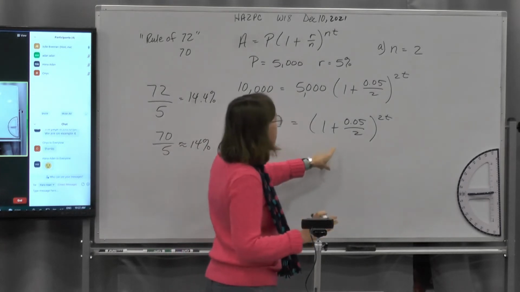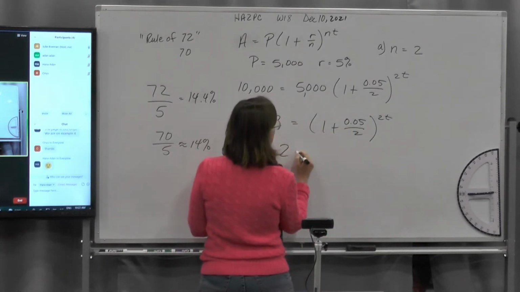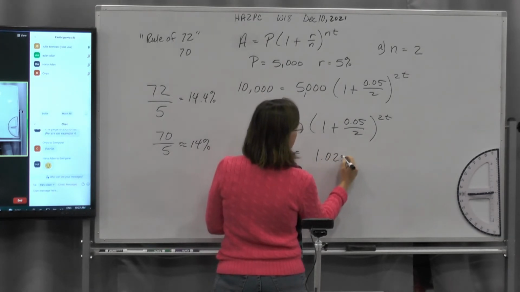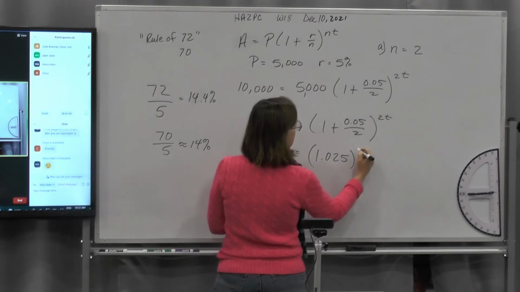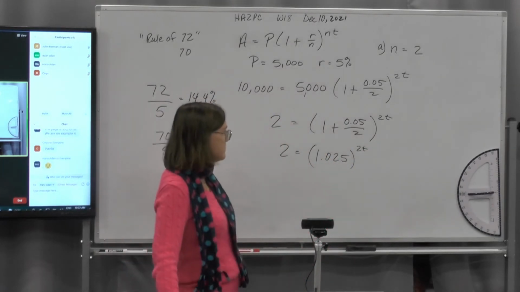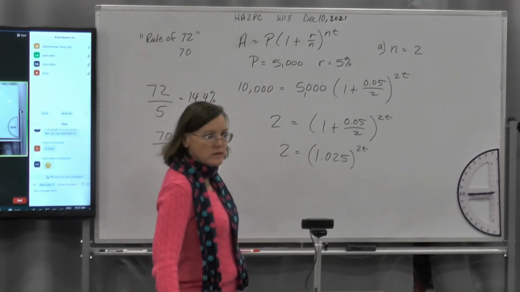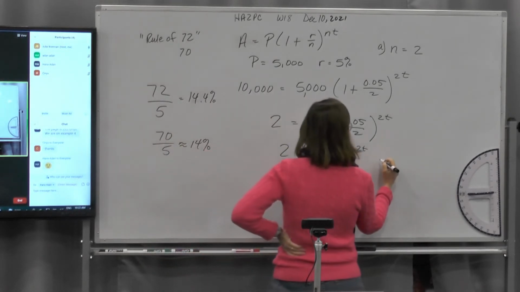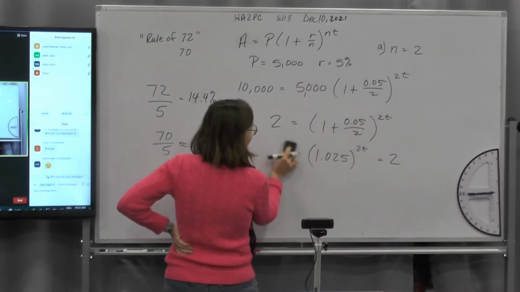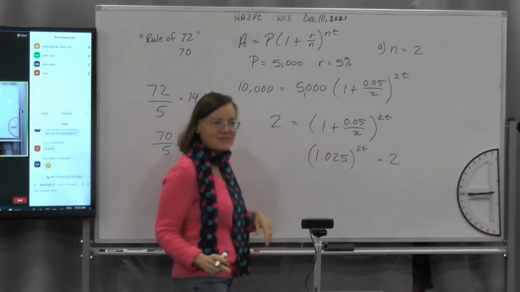What is this? 1.025, right? Yes, to the 2t. And now what could I do? It might help if you look at it this way, since we're so used to looking at logs that way.